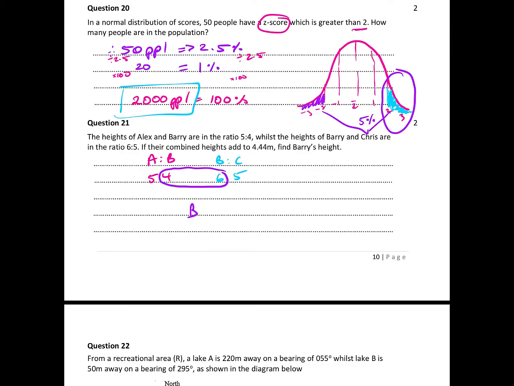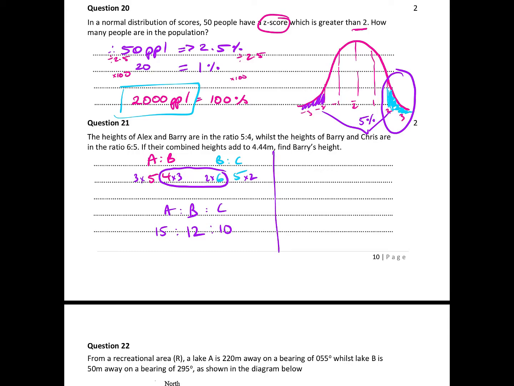For this to become 12, I multiplied by 3, so this side must multiply by 3, so this becomes 15. And on this side, for this to become 12, I multiplied by 2, so over here I multiply by 2. So it's 10. So my ratio is 15 to 12 to 10 if all three were put together.